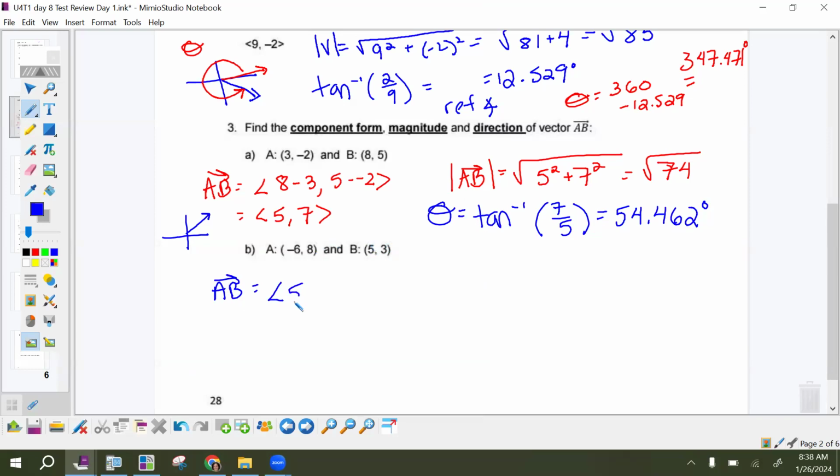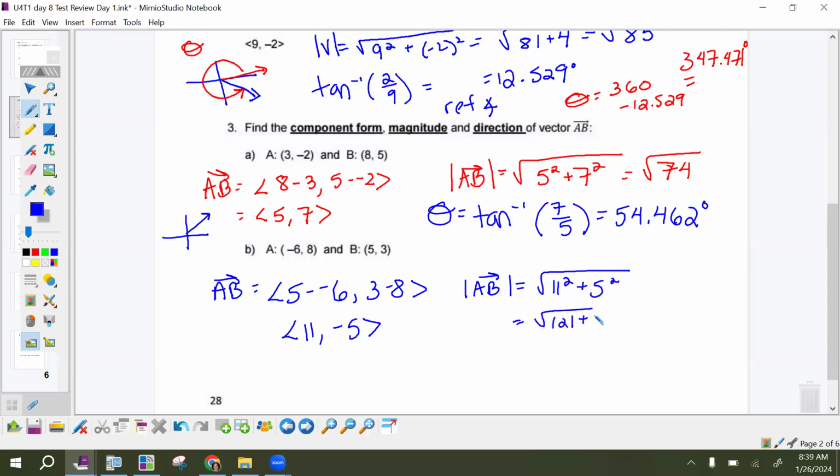terminal minus initial. That gets me 11, negative 5. The magnitude or the length, the square root of 146.